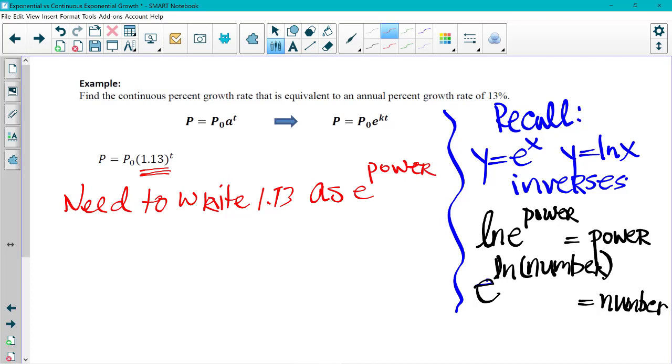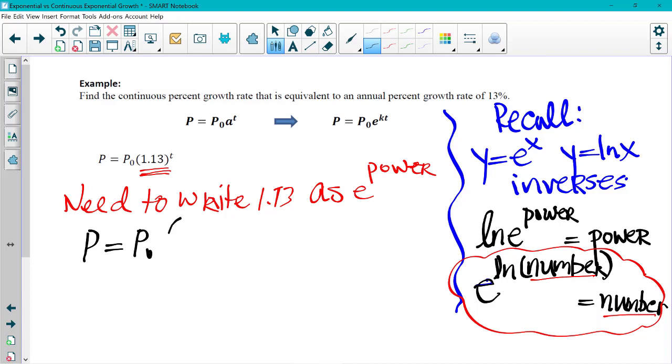This is how we do it. Because if I say e to the natural log of some number, I get that number back. Well, my number is 1.13. So I will rewrite that 1.13 using those properties as e to the natural log of 1.13.